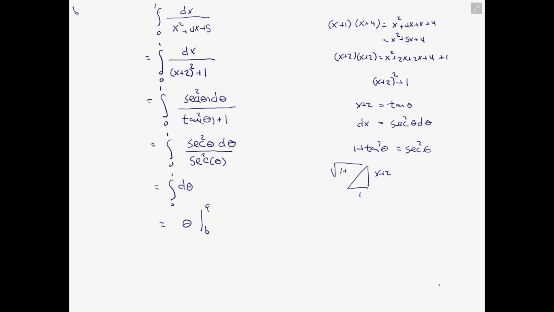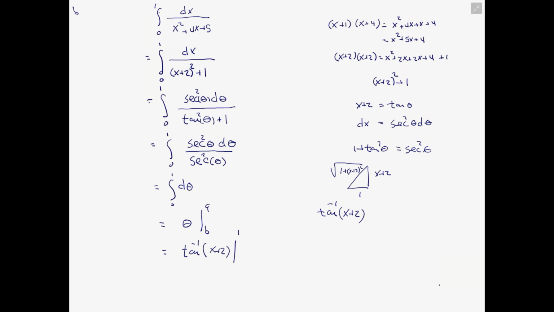So we said that x plus 2 on 1, we got 1 plus x plus 2 squared, and theta is arctan of x plus 2.